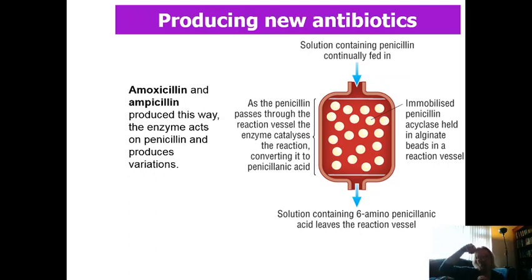As they go through, the penicillin, which is the substrate, will go into the active site of the enzymes, and it will convert the penicillin into a number of different antibiotics. So amoxicillin is produced in this way, ampicillin as well, and there are other variations also produced using this method.